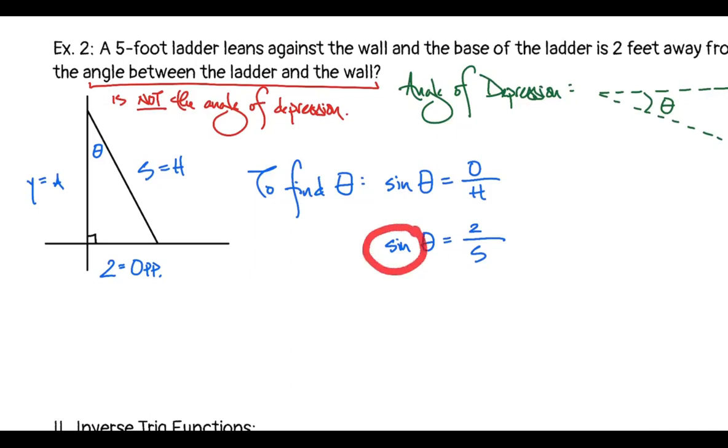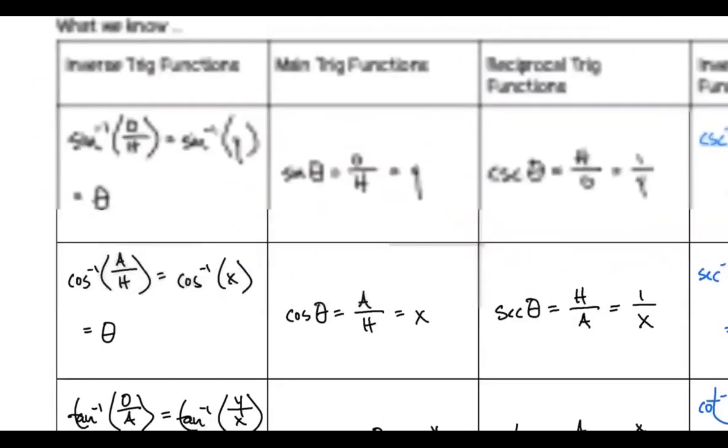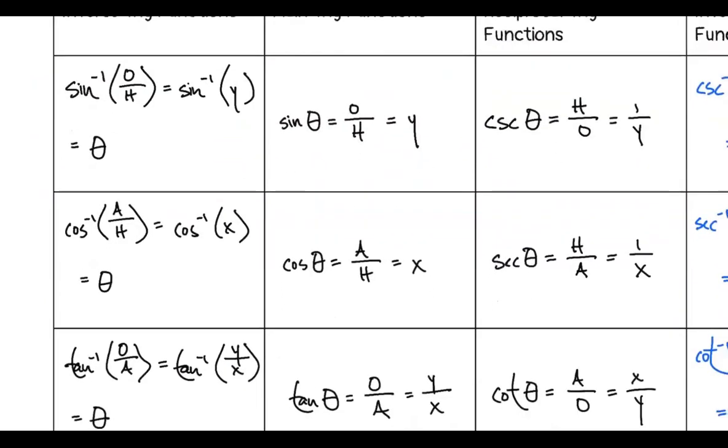If we have sine, turns out from our whole big table that we took a look at earlier, how do we find the angle?